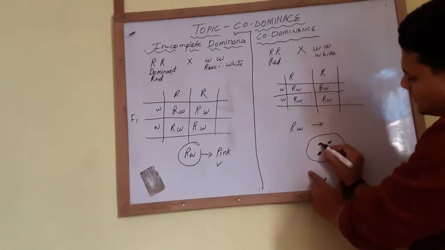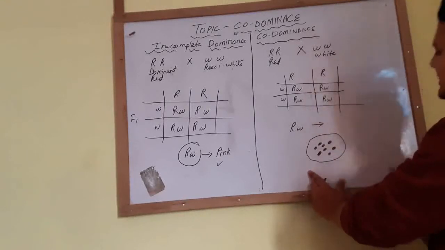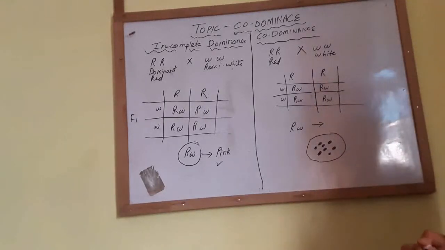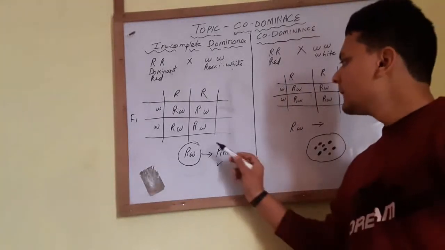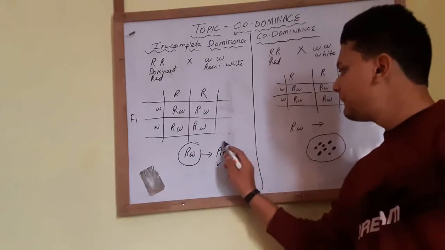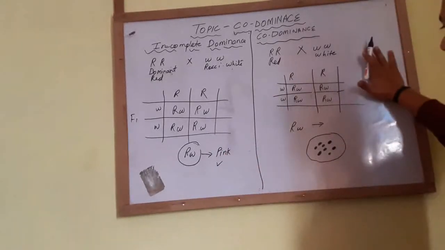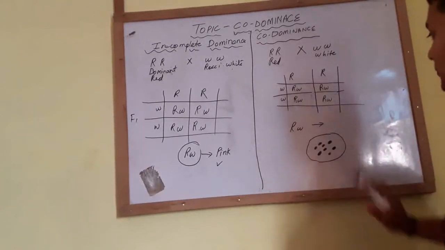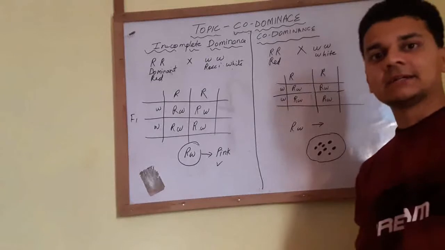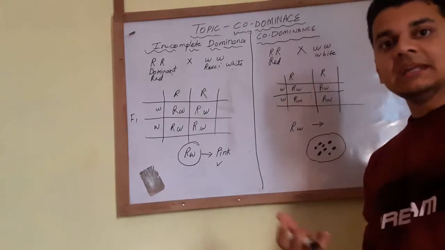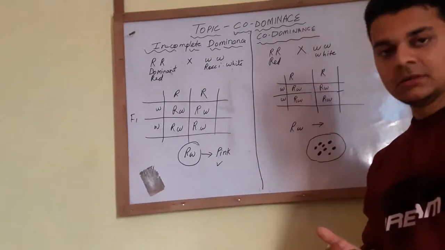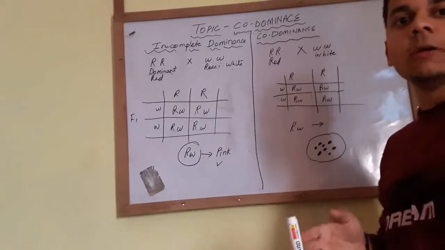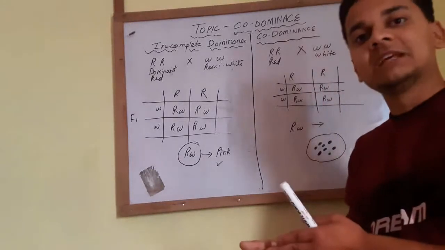So this is, say, the phenotype in case of codominance, while the phenotype in case of incomplete dominance will be pink colored. So we can define codominance over here only, that whenever both the traits, or both the characters, in F1 generation express themselves, or the dominant and recessive equally express themselves.